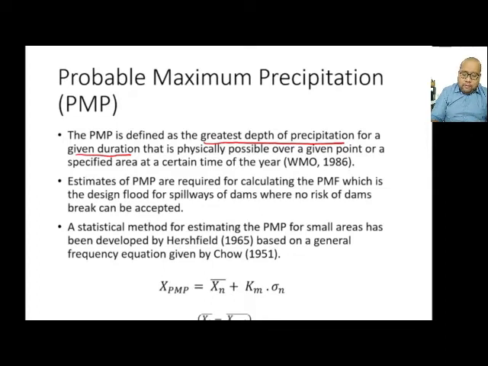The estimates of the PMP are required for calculating the PMF, the probable maximum flood, which is the design flood for the spillway of a dam where no risk of dam break can be accepted. So this is how we want to use the PMP.